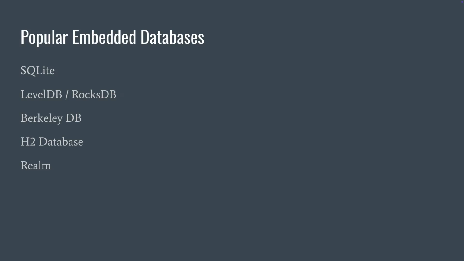Next one is LevelDB or RocksDB. LevelDB is a key value store developed by Google, and RocksDB is a key value store developed by Facebook, and they both are designed for high performance and can handle large amounts of data efficiently.